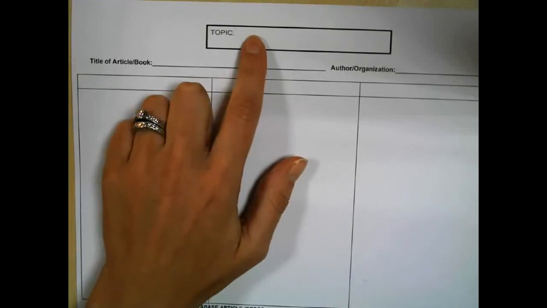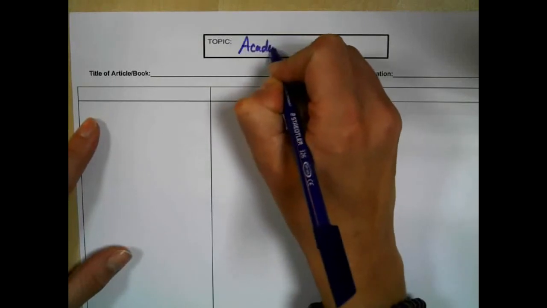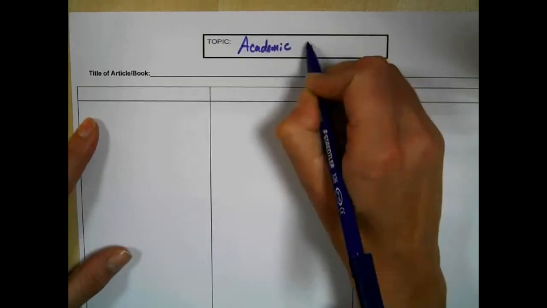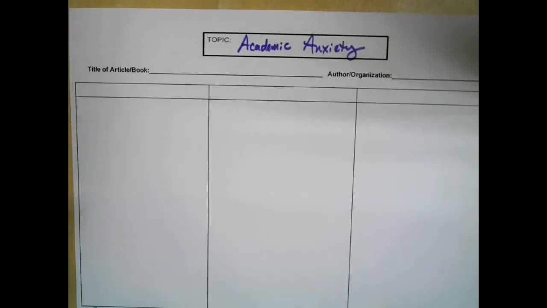I always like to have just my general topic up here so that if I have multiple projects that I'm using to take notes, or I have taken notes on over the months or years, I can easily separate them by general topics. So let's say that I am doing some kind of a research project looking at the best way to manage academic anxiety.